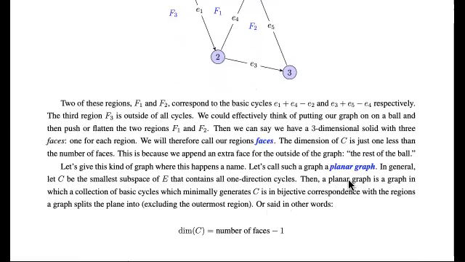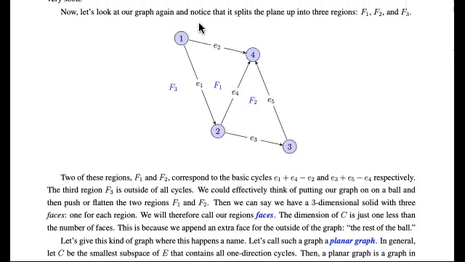A planar graph is a graph where there's a way of drawing it so that we can put all the faces on a ball or on the plane, if you will. You have a face out here and individual faces here, but you don't have faces overlapping or going on top of other faces.